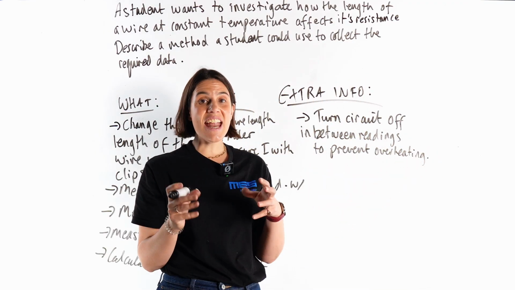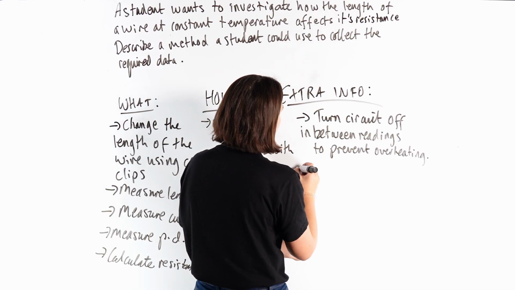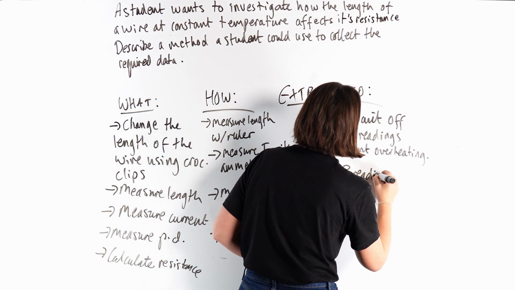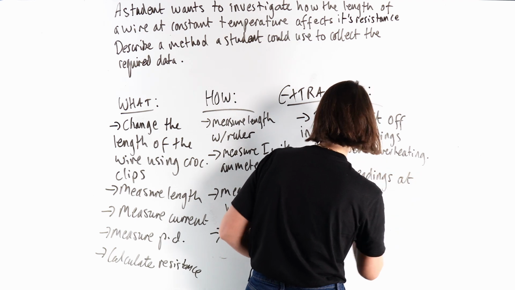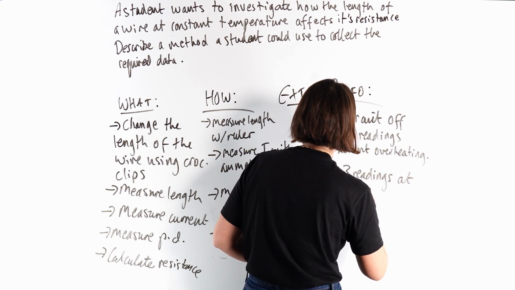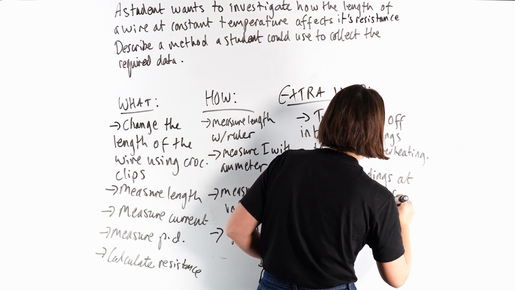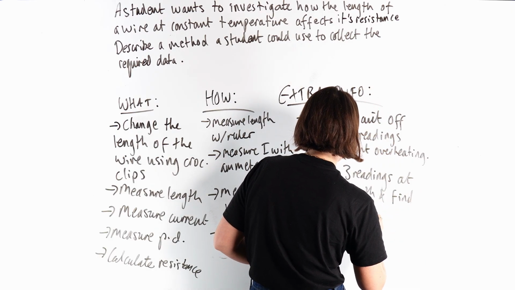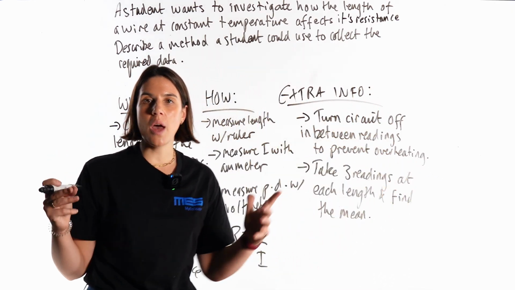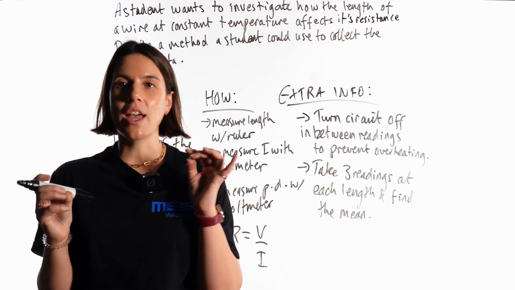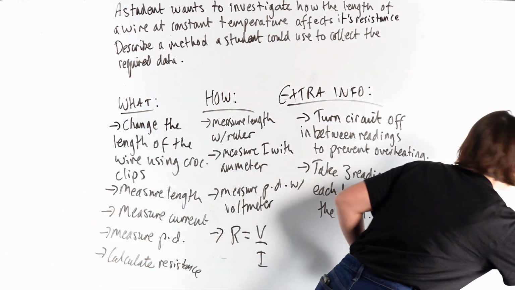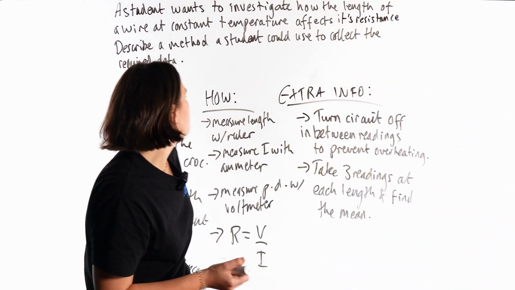And then for any practical, I'm going to take 3 readings at each length and find the mean. So there we go. I reckon that I have written enough there for 6 marks. So let's have a look at the mark scheme and let's go through this answer.